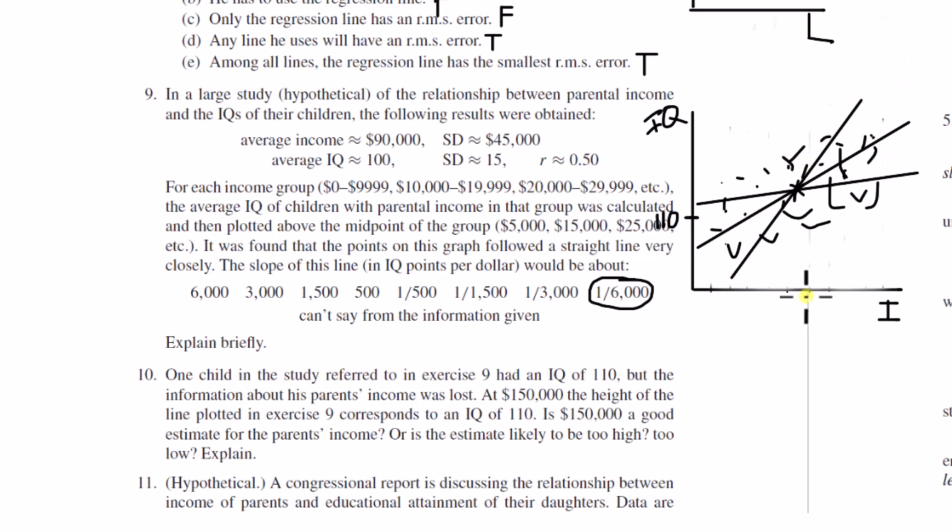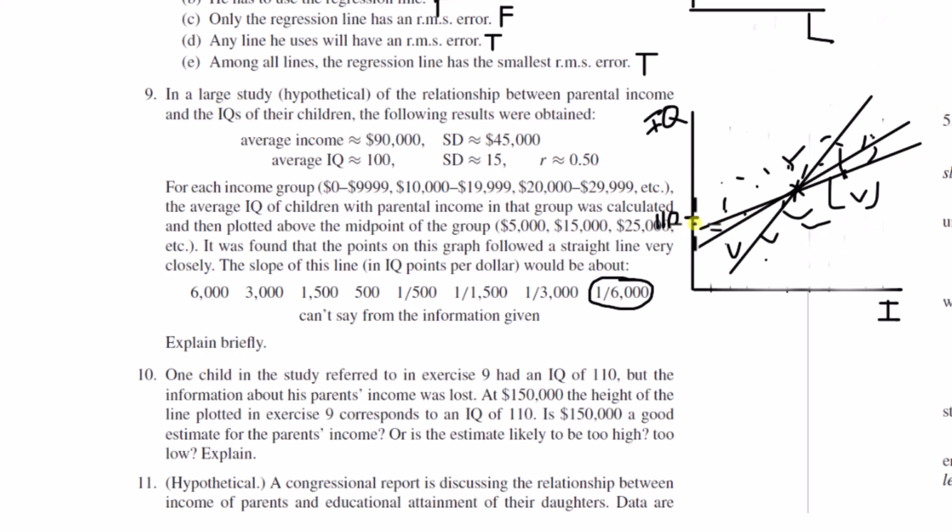And so what they're saying is that, okay, let me redraw this. That wasn't the most accurate. So something like this, still shallower. And then you've got something like this, maybe. Okay.